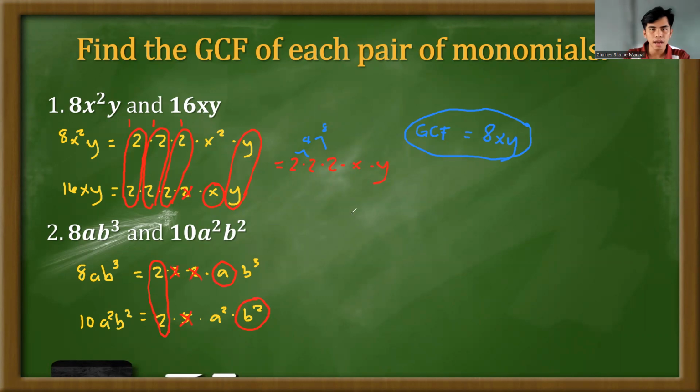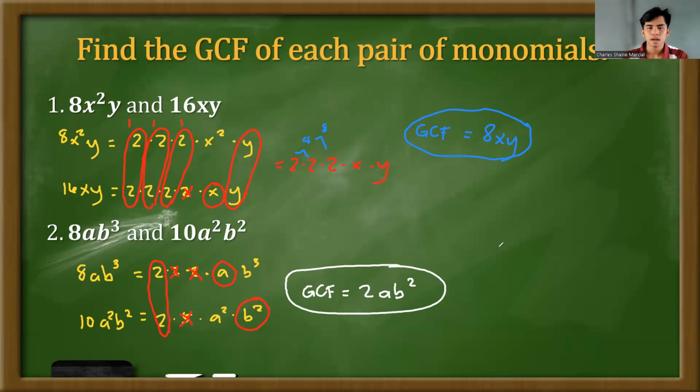So, ang GCF natin is 2ab squared. Ayan. Yan na ang GCF ng 8ab cubed and 10a squared b squared. Okay, so this is the GCF. Okay, sana malinaw na. Sana naiintindihan nyo na.